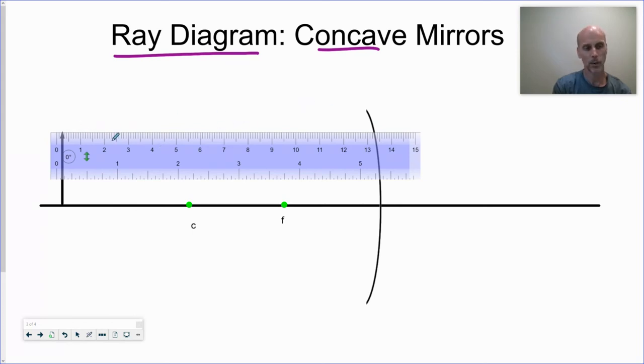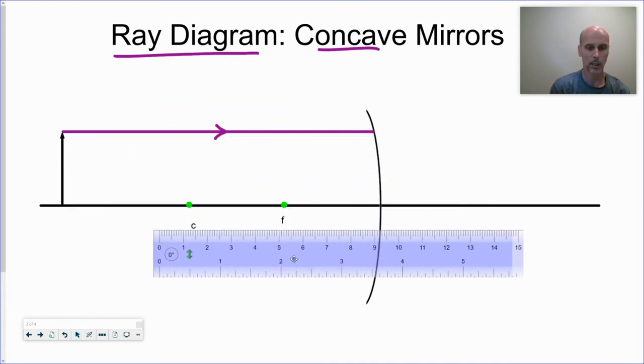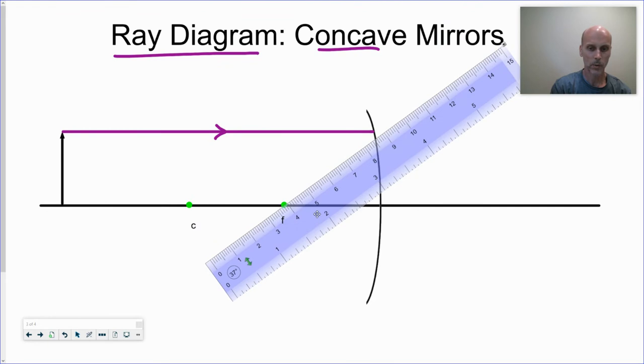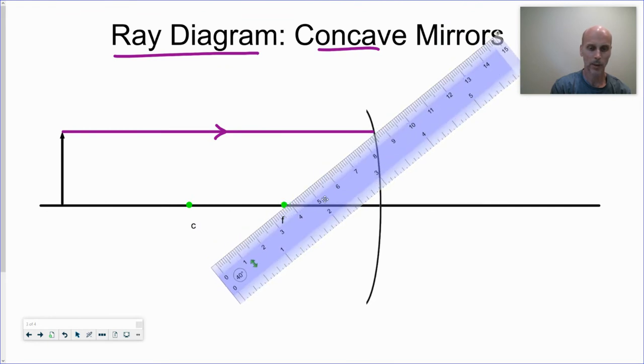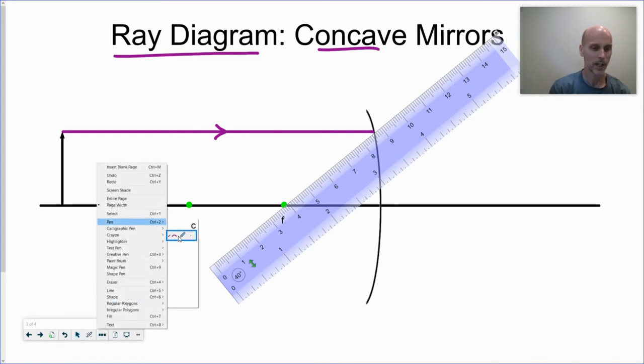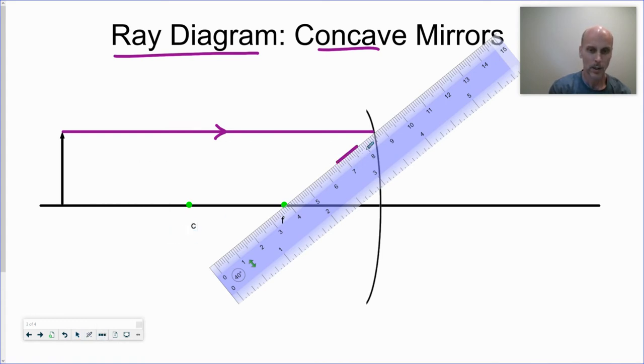And the first ray that we can draw is a ray that goes from the tip of the arrow, runs parallel to the principal axis, so it travels in this direction, and then that ray of light, as we already saw, always reflects through the focal point. So I'll draw a reflected ray that goes through the focal point, and in theory never really ends. It just keeps going on and on.